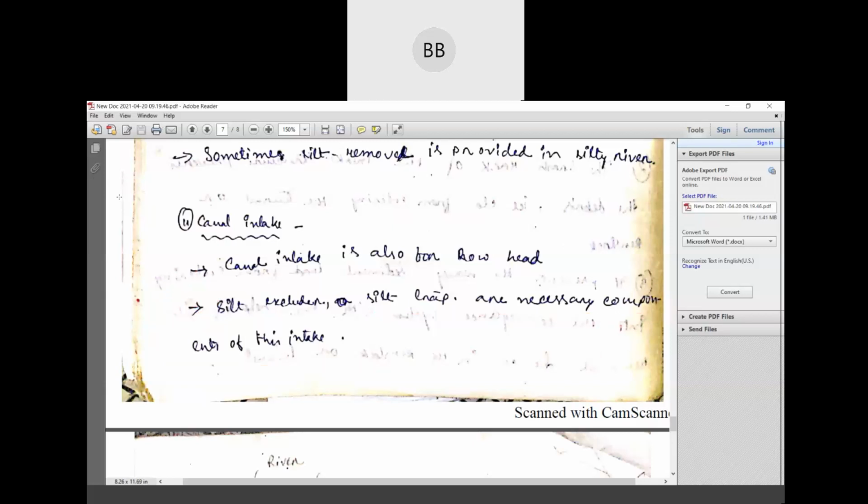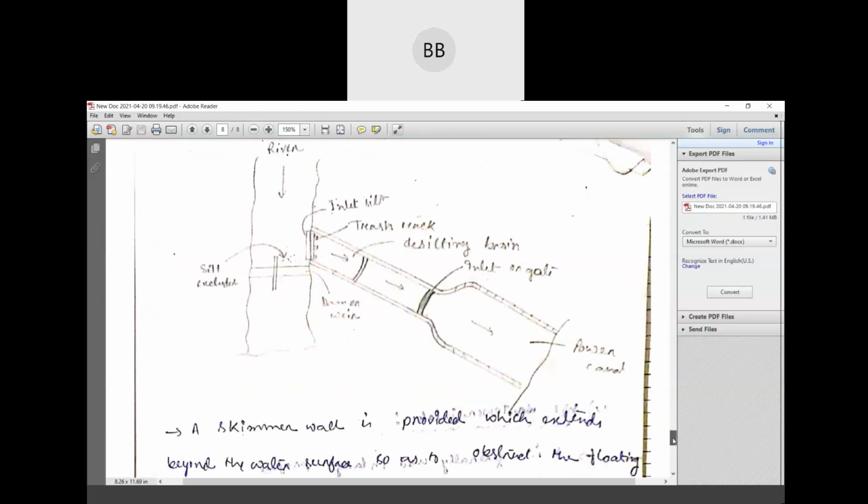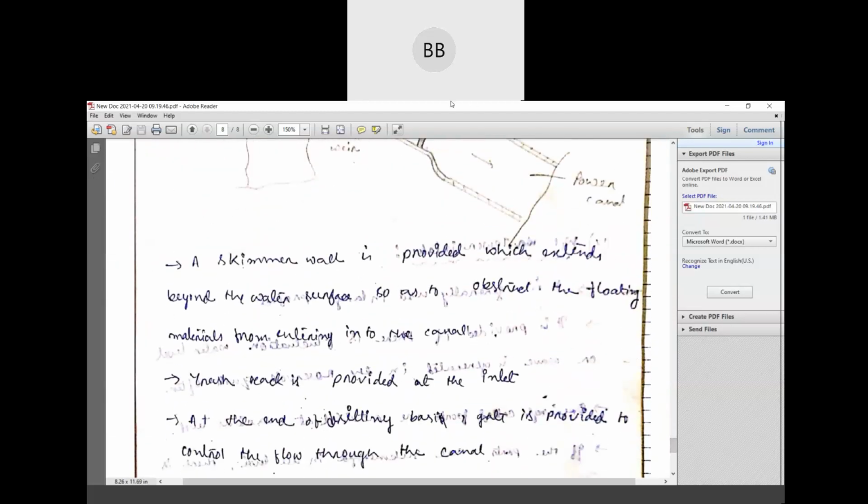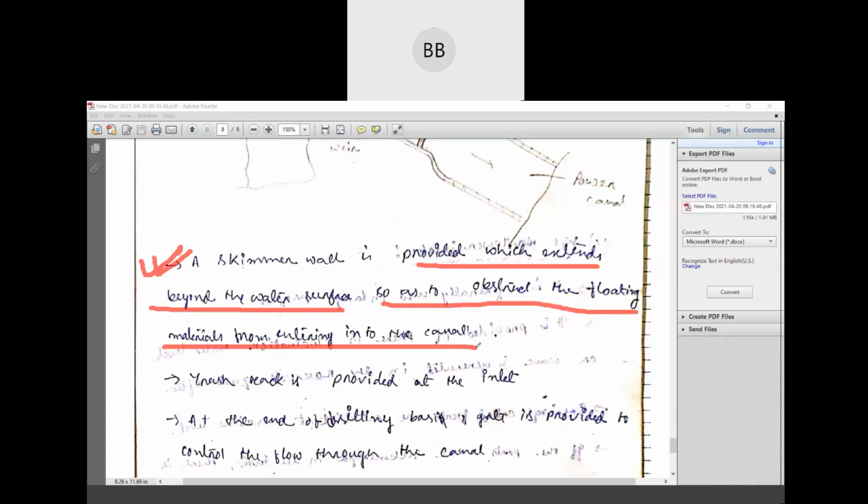So you can write the third point. A skimmer wall is provided which extends beyond the water surface so as to obstruct the floating materials from entering into the canal.